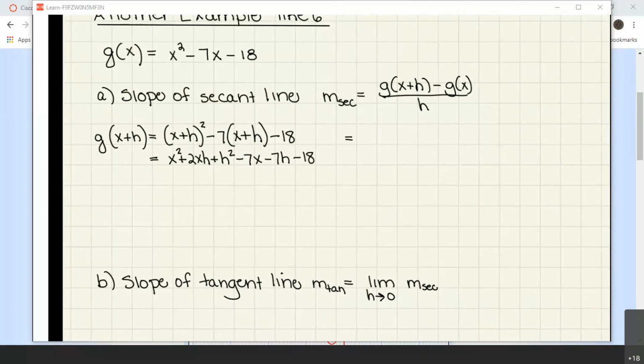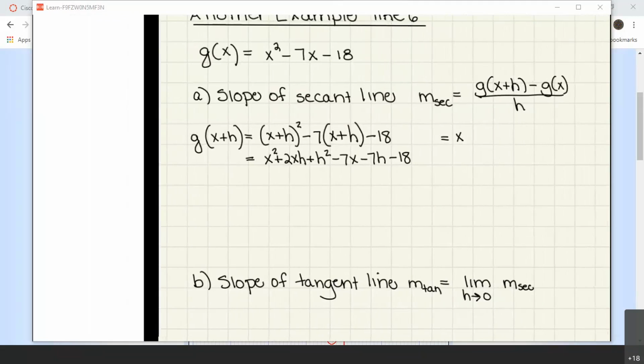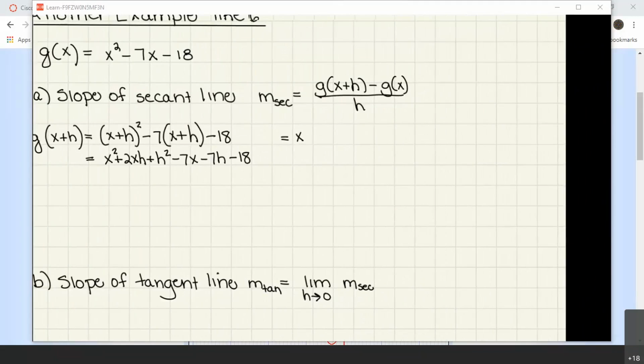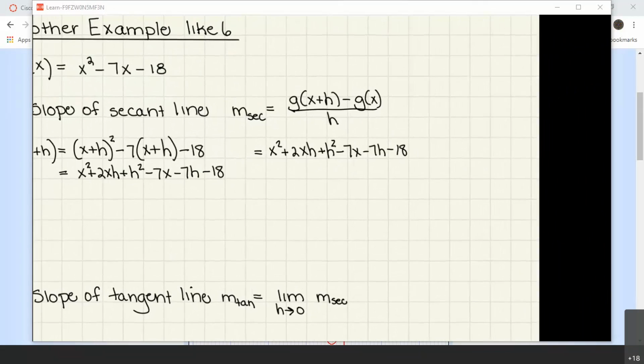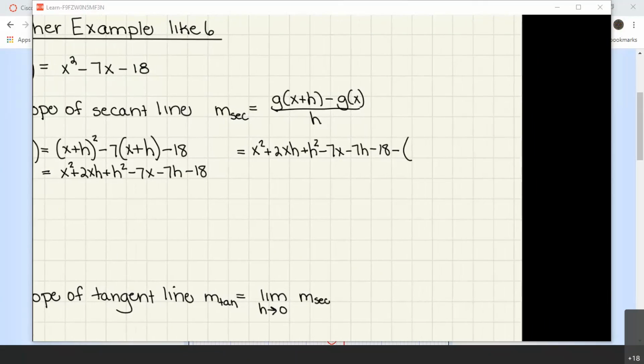So this whole big mess goes in for g of x plus h. I want to make sure I copy it correctly. Okay, so there's g of x plus h, and now I have to subtract g of x. Again, g of x has multiple terms in it, so it needs to go in parentheses.